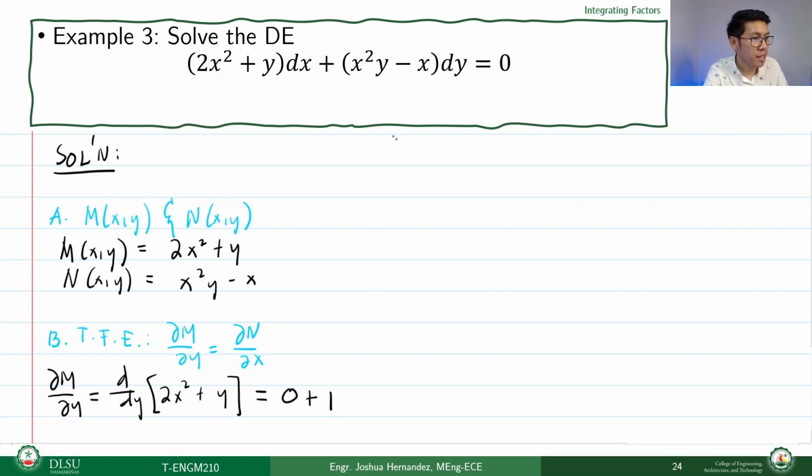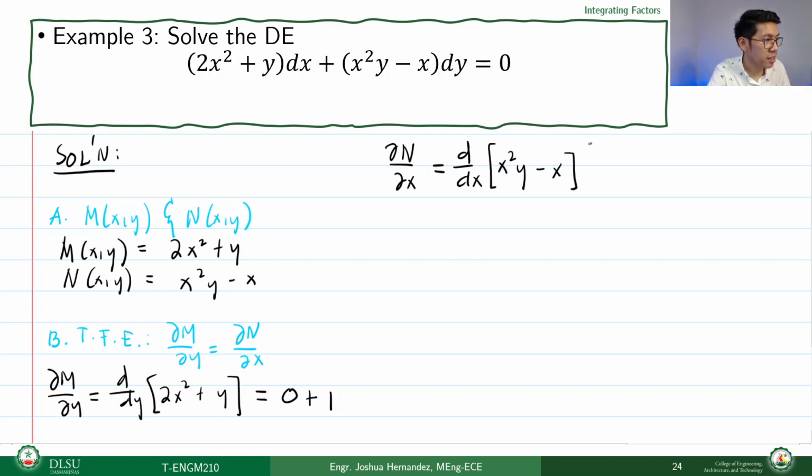Now, taking the partial derivative of n with respect to x will give us the derivative with respect to x of x squared y minus x equals 2xy minus 1. Now, what can we say about these two functions here? That they are not exact.